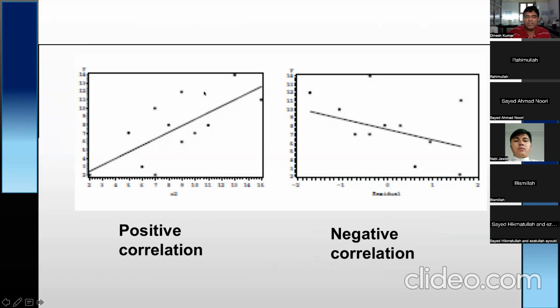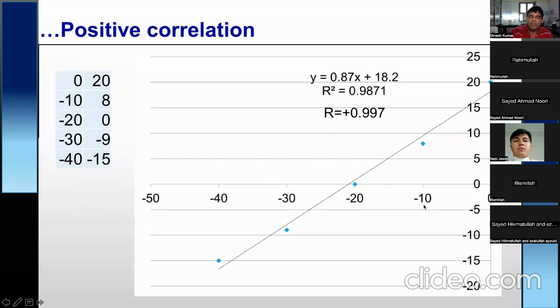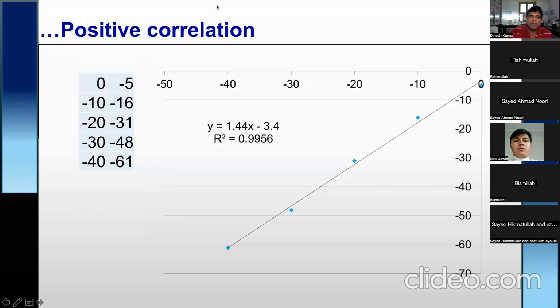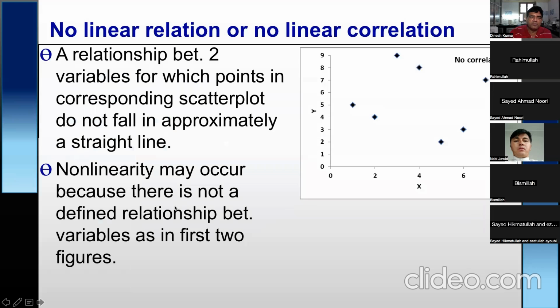So these data are scattered. Similarly, negative correlation: one variable is increasing and the other is decreasing. This is called negative correlation. There may be a situation when both variables are decreasing. Such a relationship is called positive correlation. Now you can see more positive correlation.